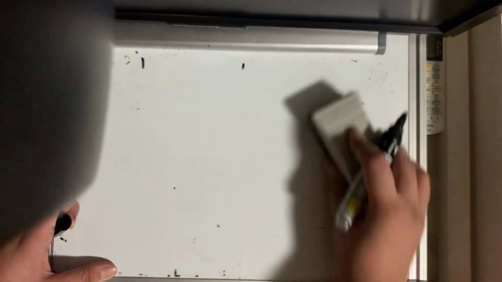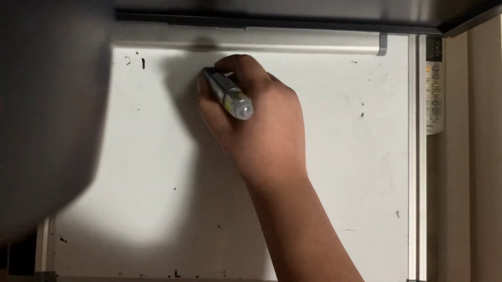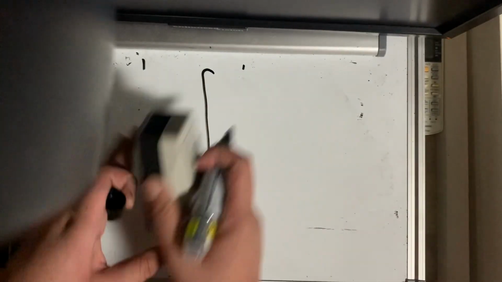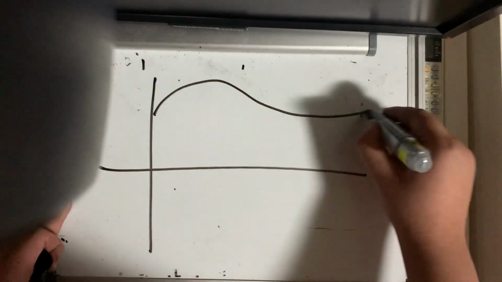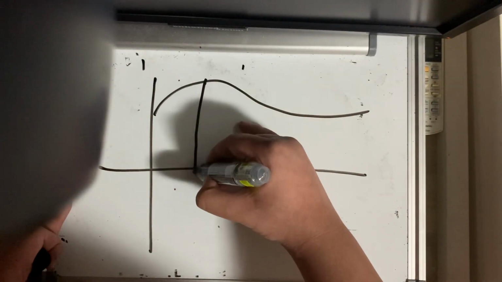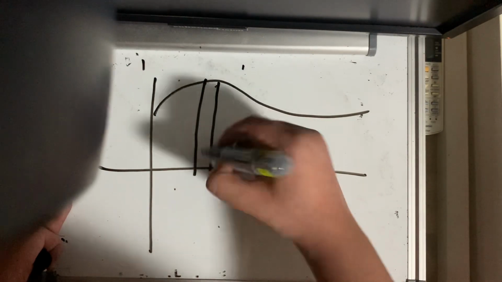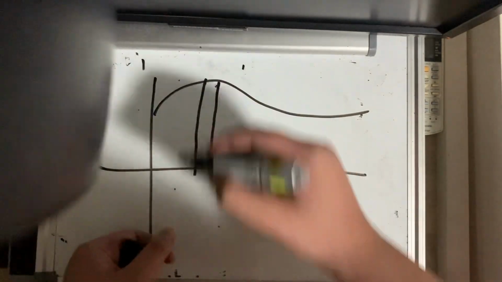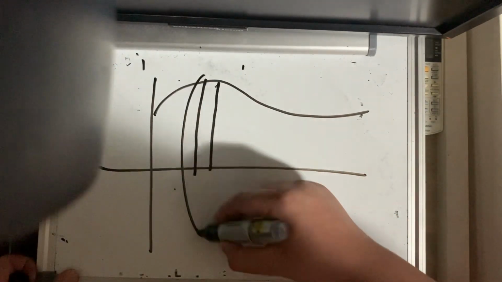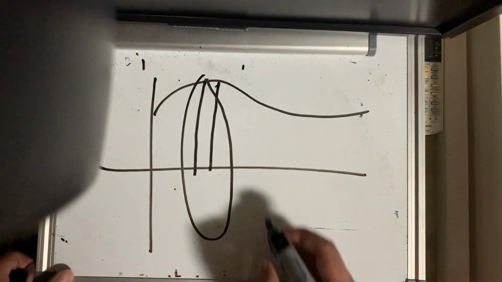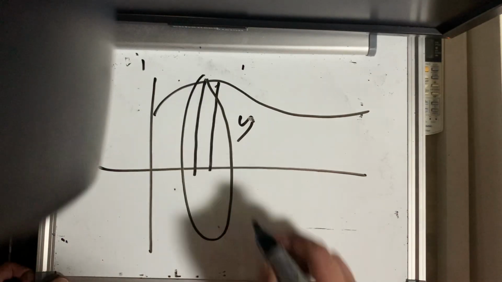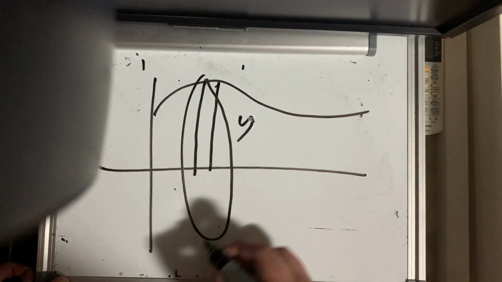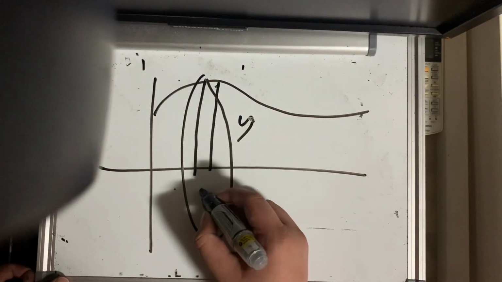So you can find the volume of the cylinder that this will spin around and make. You realize that the radius is just the y value of this rectangle, and then the width obviously is going to be dx.